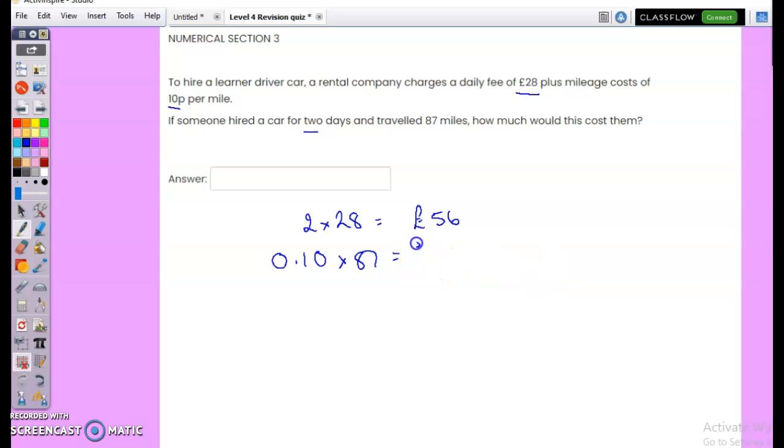That's £8.70. Add them together and we get £64.70. Again, no pound sign, just the numbers into our answer.